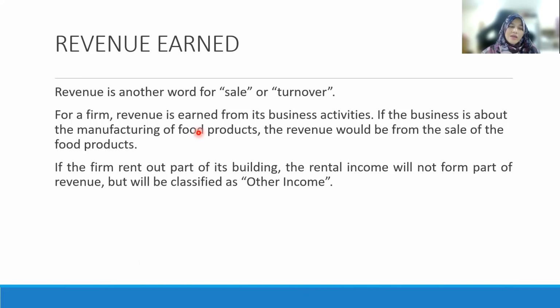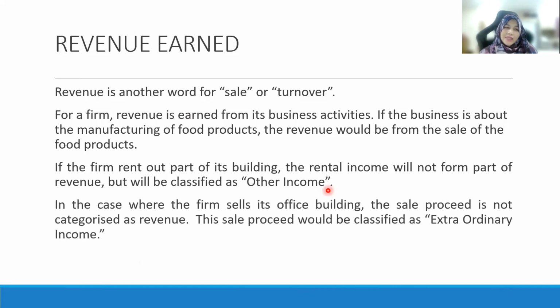The sale of those items will make up the revenue or sale or turnover of Nestle. But if Nestle has large building and it is renting out part of its building to another company, the rental of building will be classified as other income. It won't be added up to the sale or turnover or revenue of Nestle. It will be classified as other income. Okay.